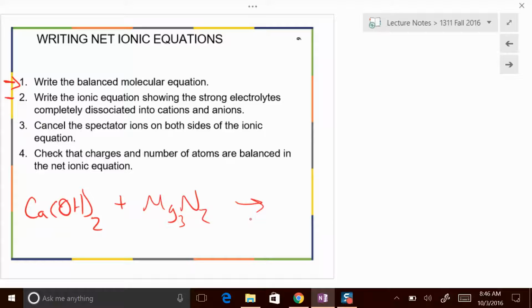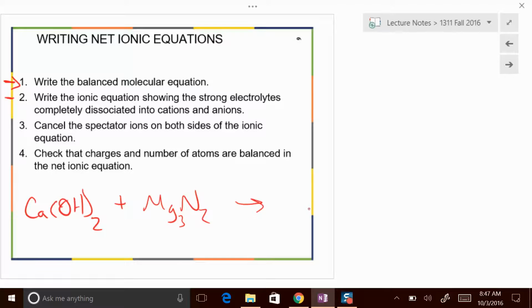Does anybody figure out at least one? The cations are just going to swap places, so you're going to have what?